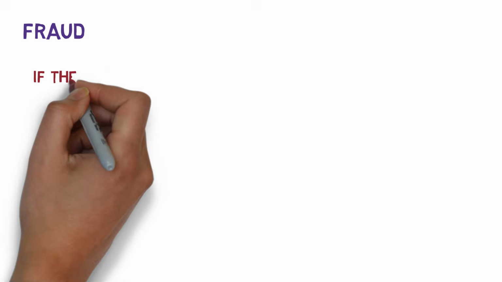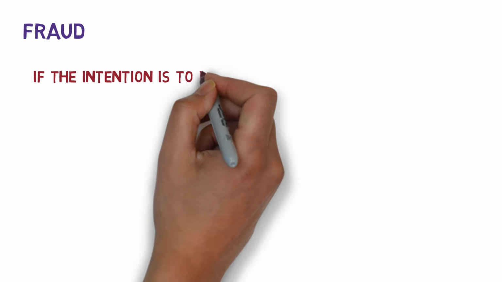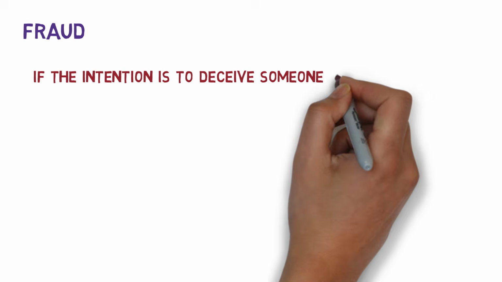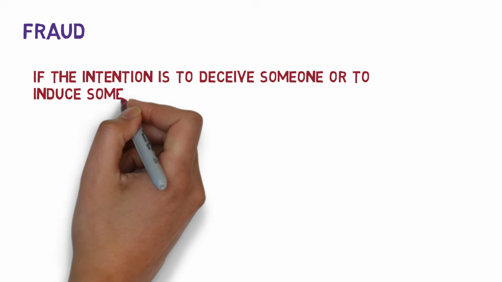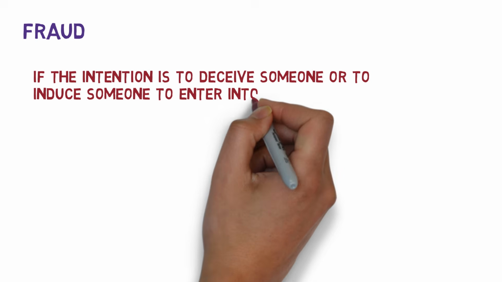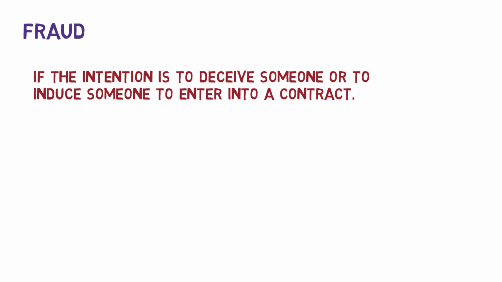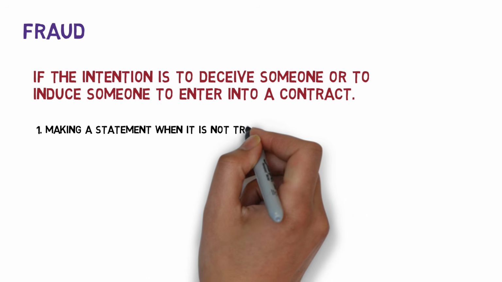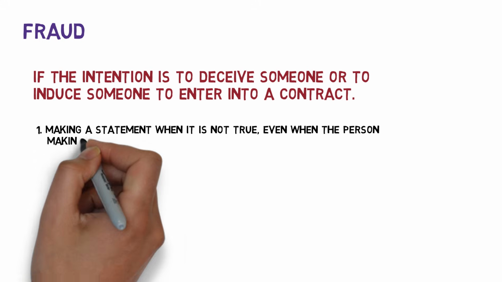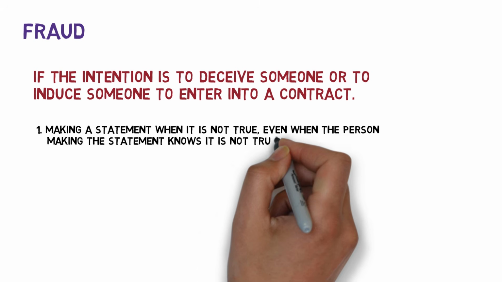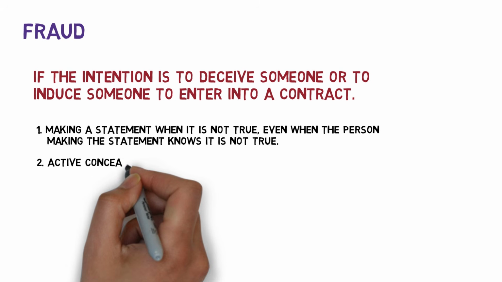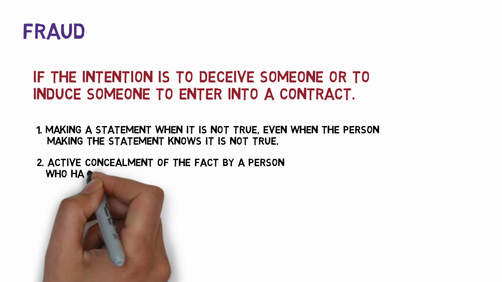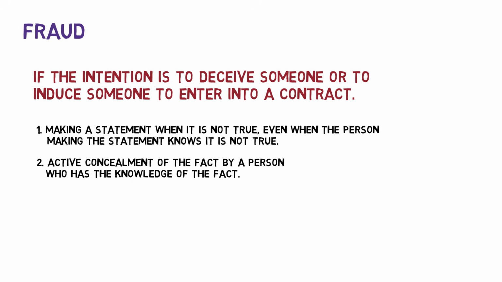Now let's discuss fraud. If there is an intention to deceive someone or to induce someone to enter into a contract, these 5 things are considered fraud. First, making a statement when it is not true, even when the person making the statement knows that it is not true. Second, active concealment of the fact by a person who has the knowledge of the fact.